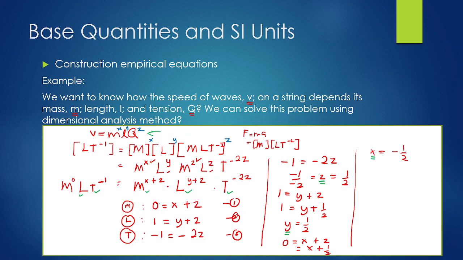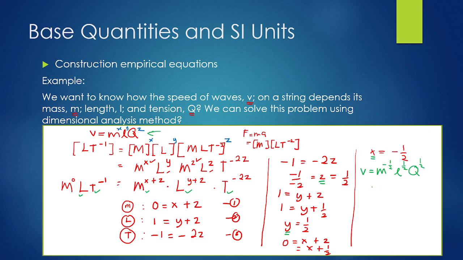So what you have here is v equals m to the power of x, which is negative 1 over 2, L to the power of 1 over 2, and T, where z is 1 over 2.